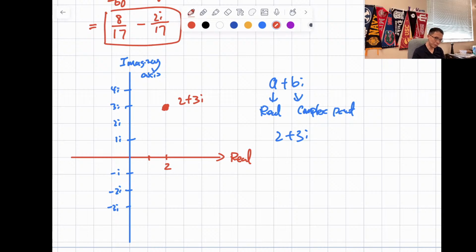So can you show me the coordinate of -1 minus 2i? Where's the -1 minus 2i? Which quadrant? Oh, you guys don't know the quadrants? What's that quadrant called?